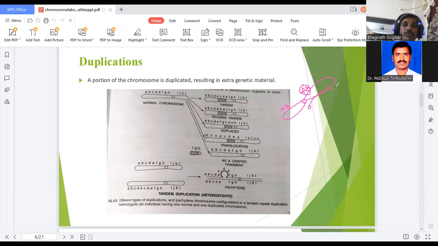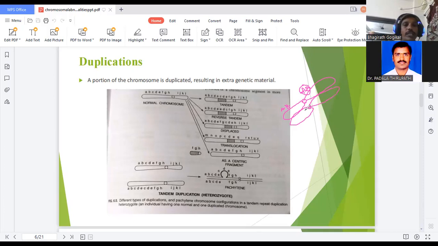Haploid complement means two chromosomes are there. So in one of the chromosomes, the genes present more than once are called duplications. Duplications are divided into three types: tandem duplications, reverse tandem duplications, and displaced duplications.